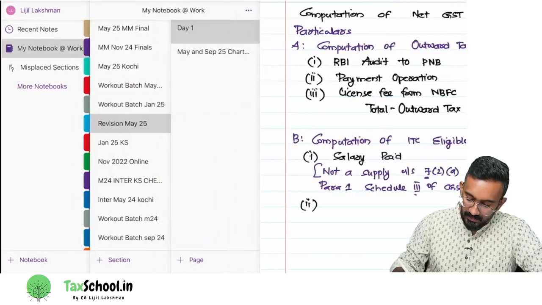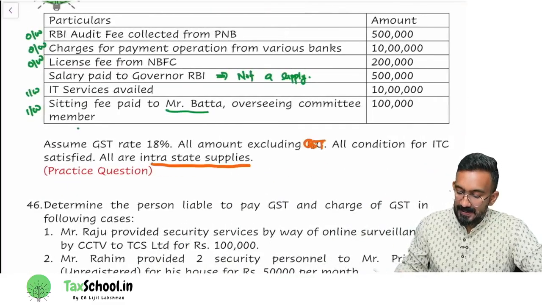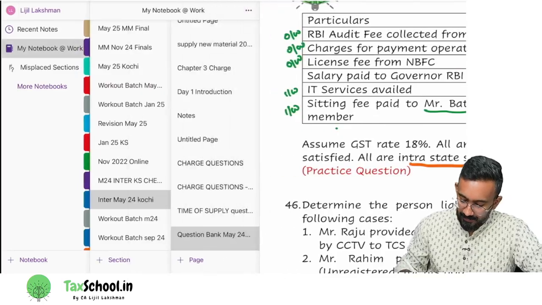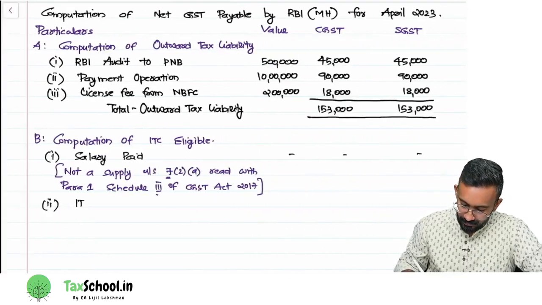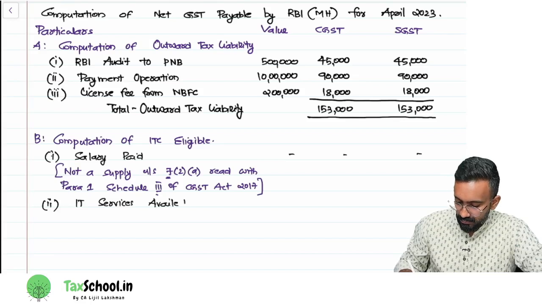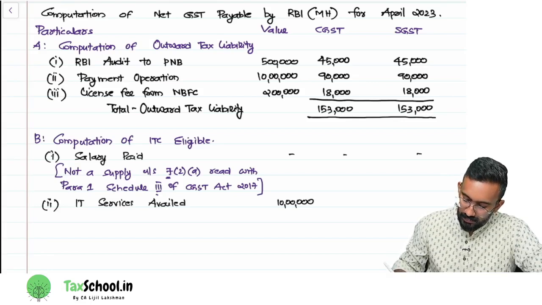Second, what is other inward supply where RBI would have paid GST on? IT services availed, which is 10 lakh. How much is CGST?